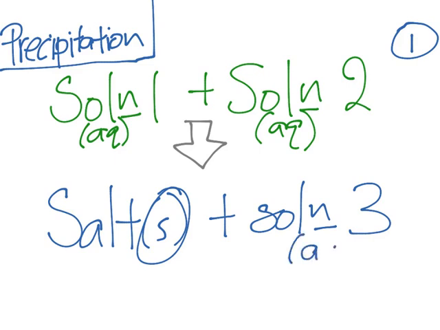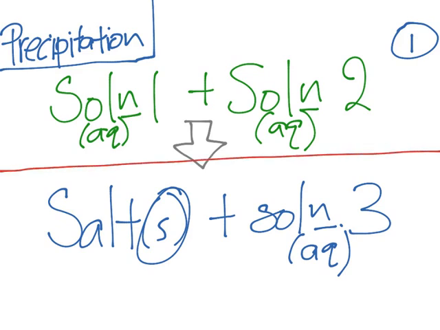This is aqueous. So just from here alone, you can see that eventually I end up with the lower half of the equation. How am I going to separate the insoluble salt from the aqueous solution 3? How am I going to separate these two at the bottom? Very simple.